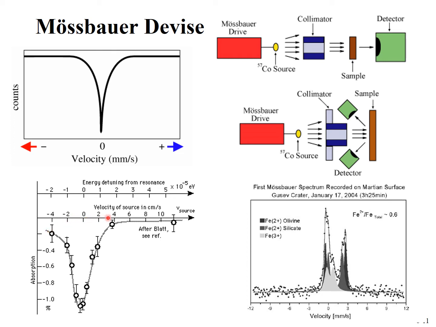But as the velocity of the source changes, and here's the velocity in centimeters per second, we can see a change in absorption. We could use this to evaluate what that chemical shift is, and by looking it up on a table, one could correlate the chemical shift with a certain chemical condition.